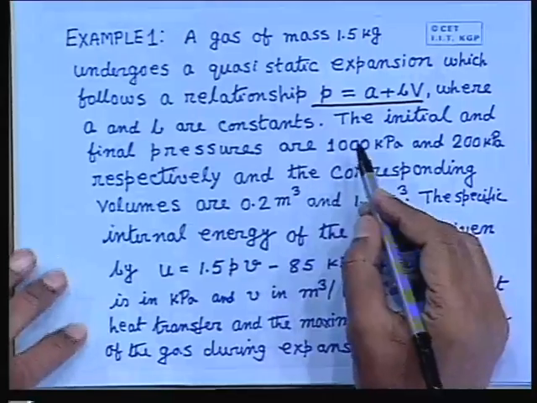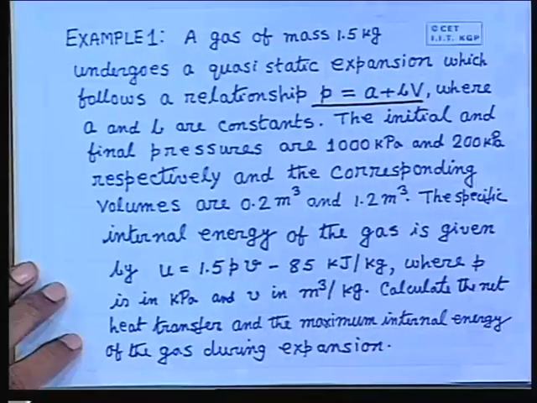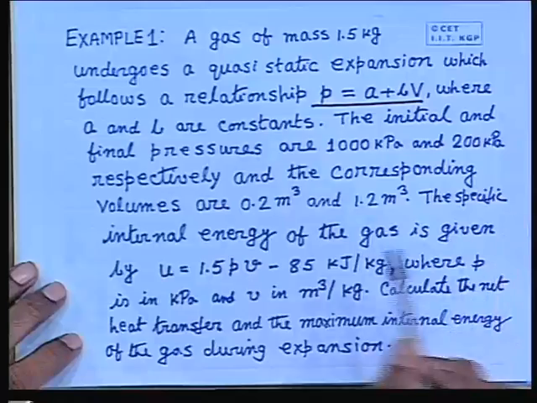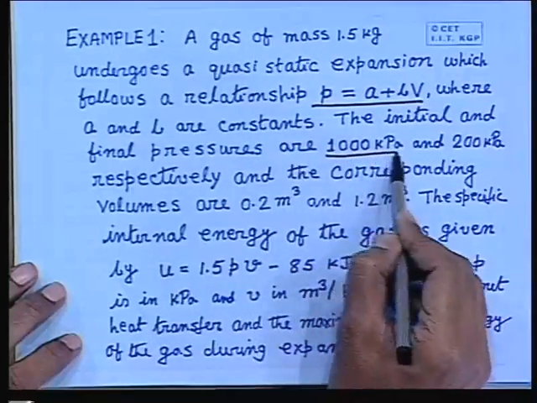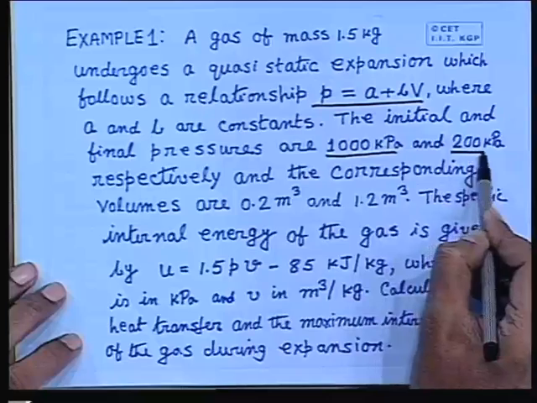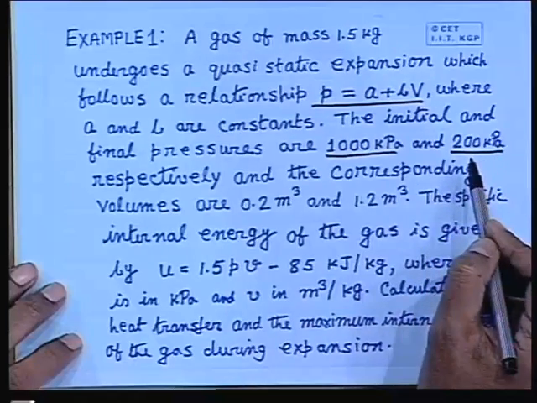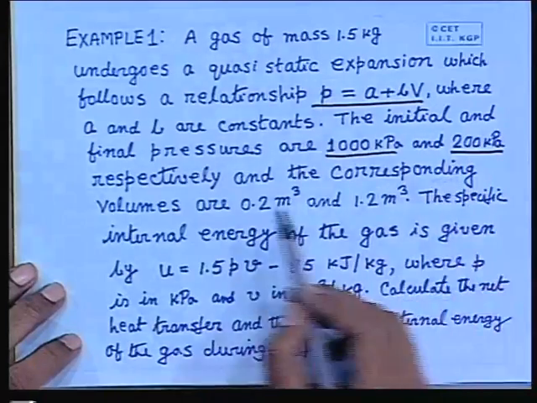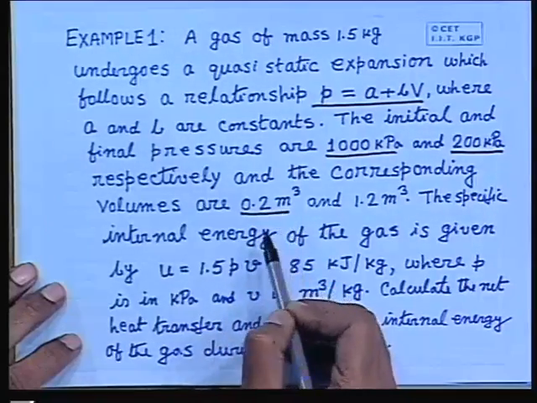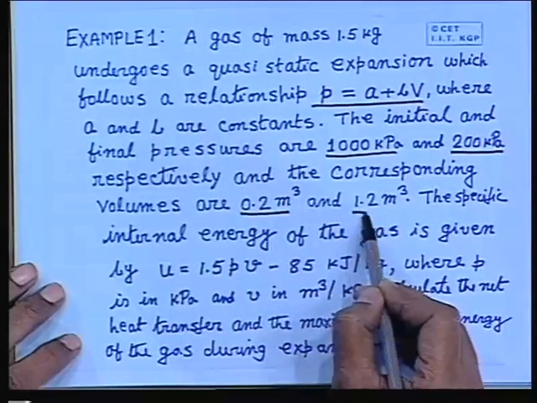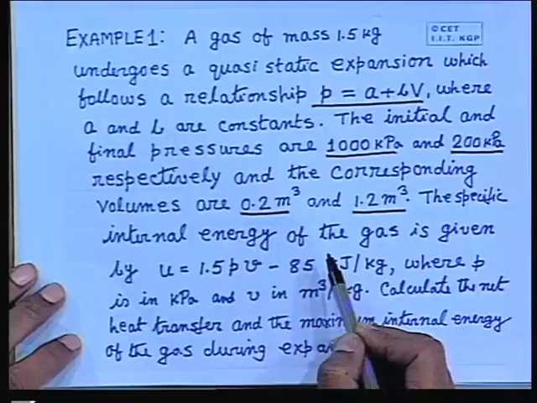Well, the initial and final pressures are 1000 kilopascals and 200 kilopascals respectively. That means it is an expansion process where the pressure decreases, and the corresponding volumes are 0.2 meter cube, the initial volume, and 1.2 meter cube, the final volume.